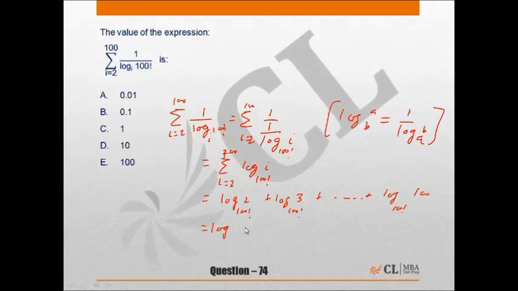Using this property, we get log 2 into 3 into 4 into 5 and so on till 100 to base factorial 100, and this will be equal to log 100 factorial to base 100 factorial, and it will be equal to 1. Therefore, the value of required expression is 1. This is option C.